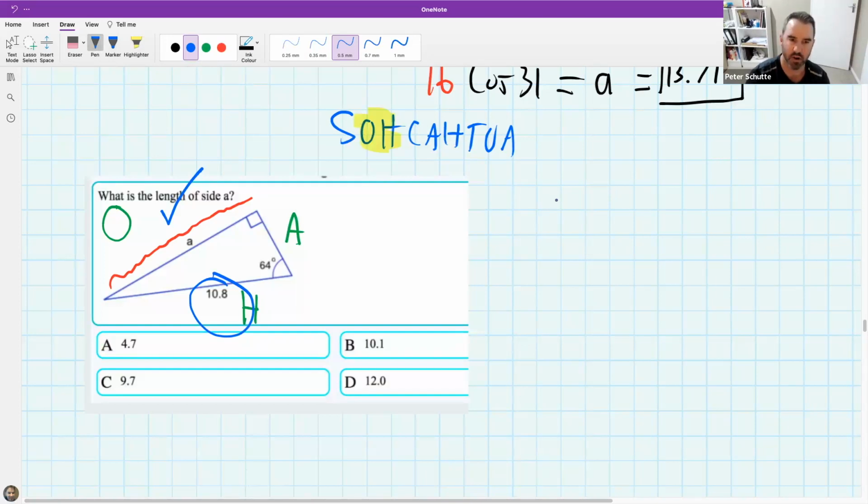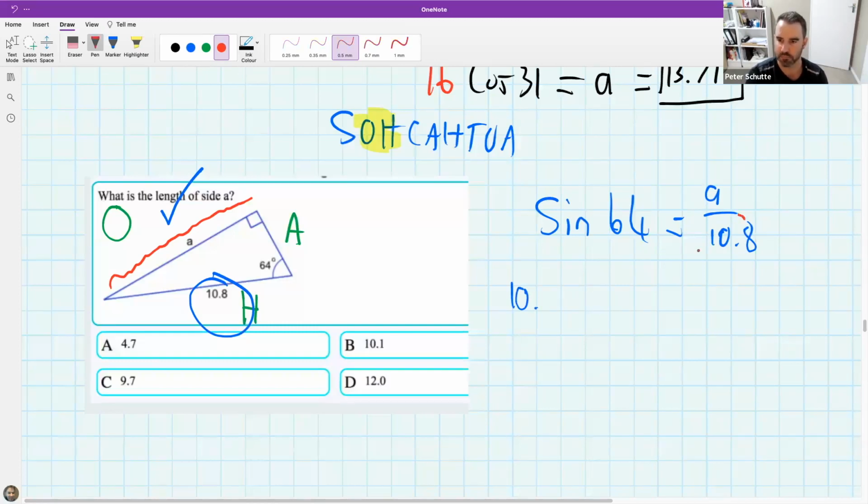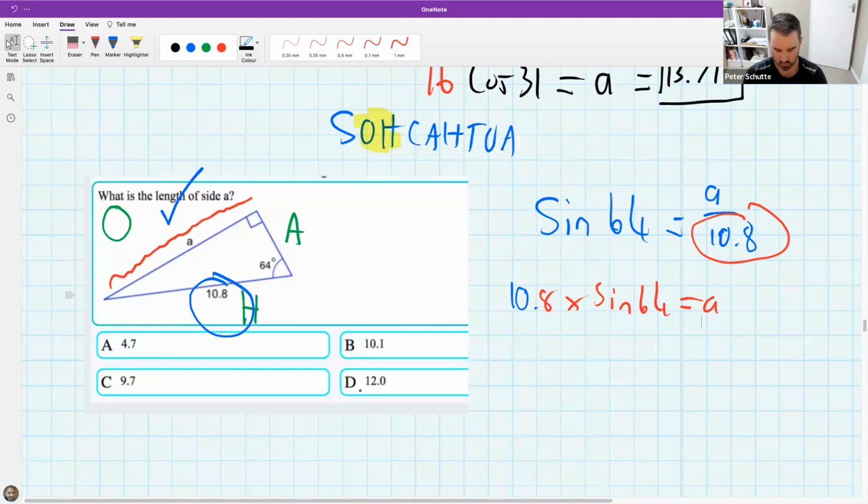And so we'd write the sine of 64 is equal to, in this case, it's just going to be little a over 10.8. But now I still need to choose the correct option, and I need to bring this 10.8 to the other side. So that needs to go here. And then I have to choose from the 4 options. What do we think? Which one do you think it's going to be?